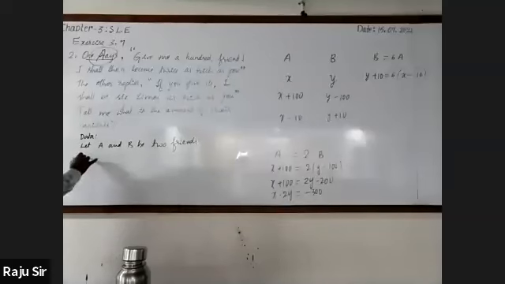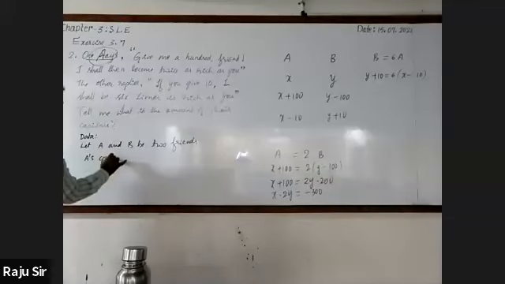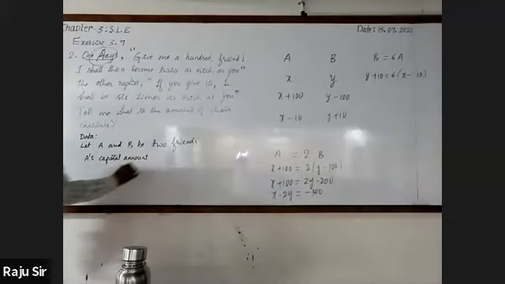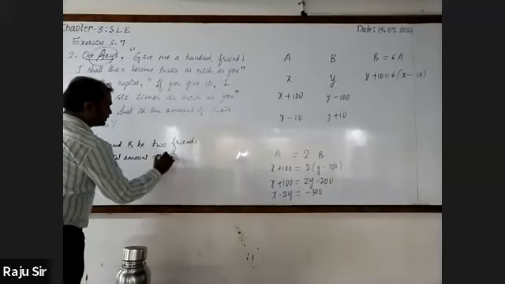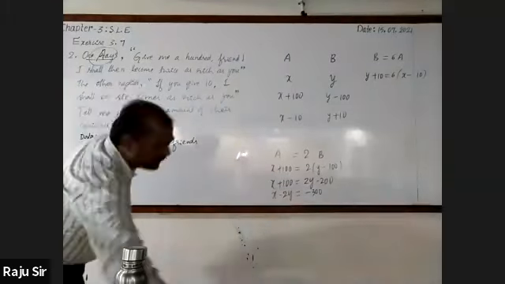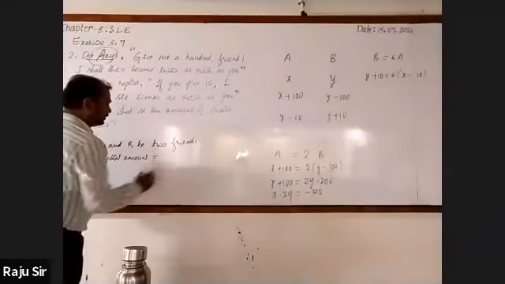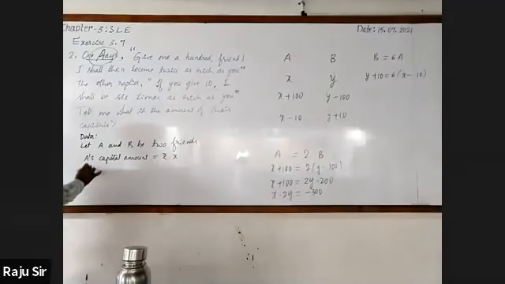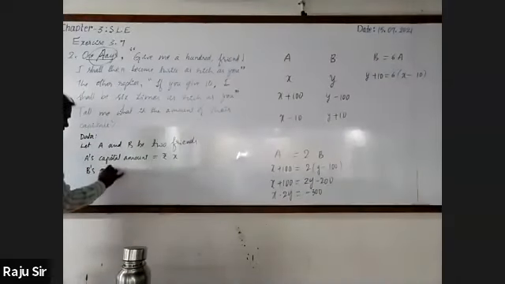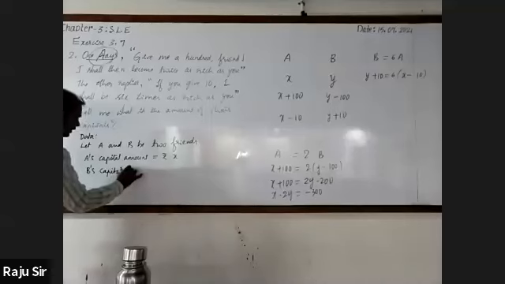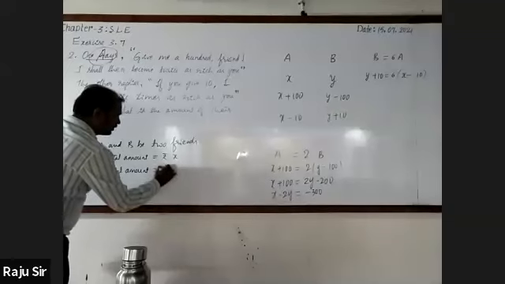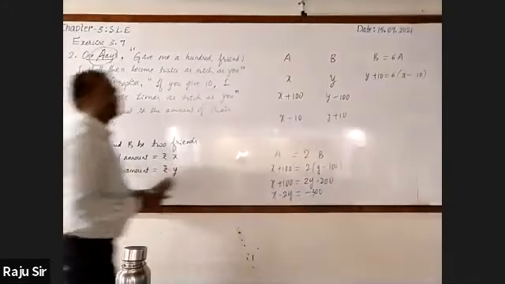Then A's capital amount, let it be X rupees. Next, B's capital amount is rupees Y.